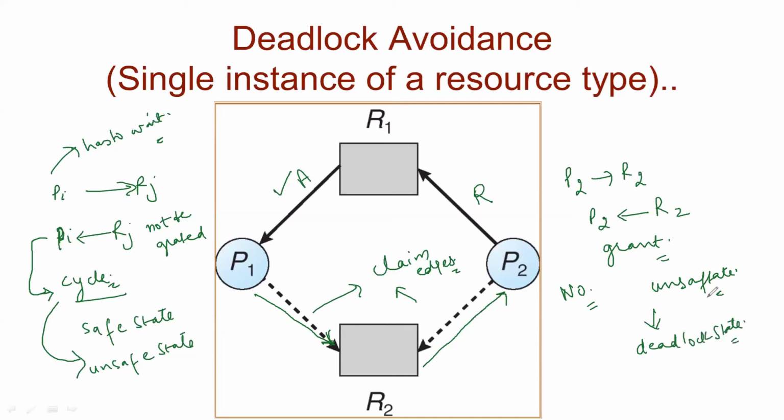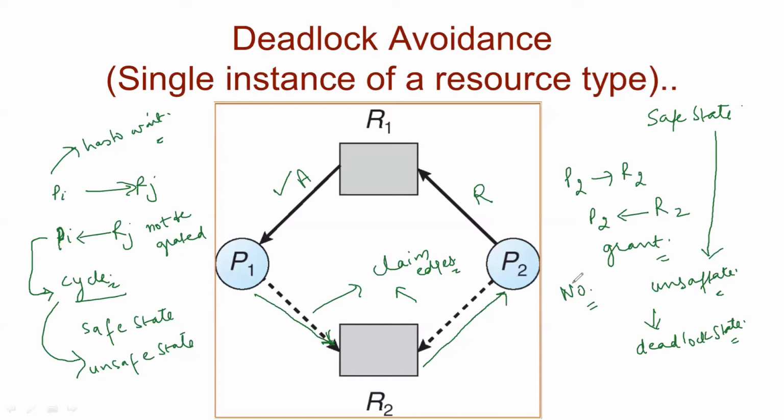So let's summarize quickly. These two are claim edges, so neither of these two processes has currently issued a request for R2. Let's suppose P2 issues a request for R2. The question is whether the request has to be fulfilled or not. Till now, the system is in a safe state. Granting the request of P2 will put the system in an unsafe state.